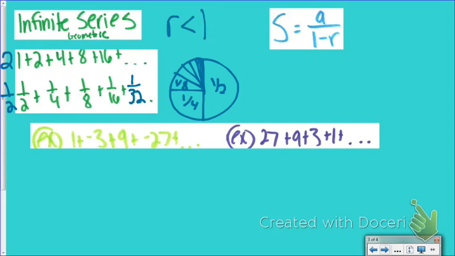Okay, so that common ratio cannot be greater than 1, or else it's never going to have an end to it. And if that is the case, if that ratio is something like 1/2 or 1/3 or 3/4, then I can use this equation to help us find my sum, where a is still my first term, and r is my common ratio.